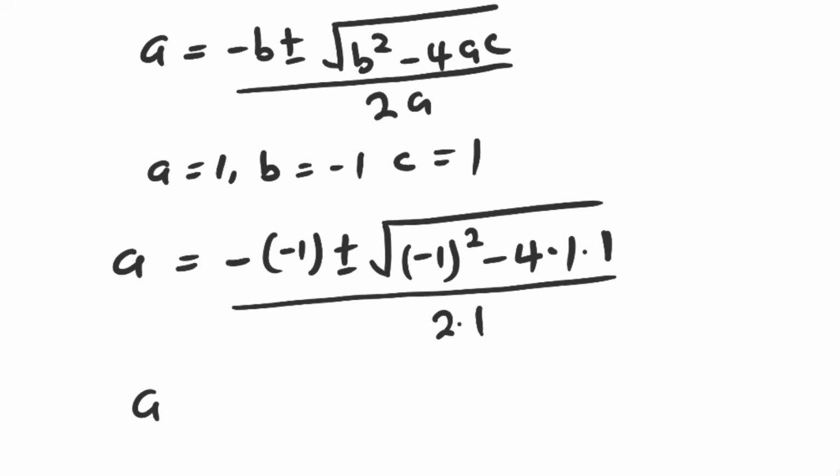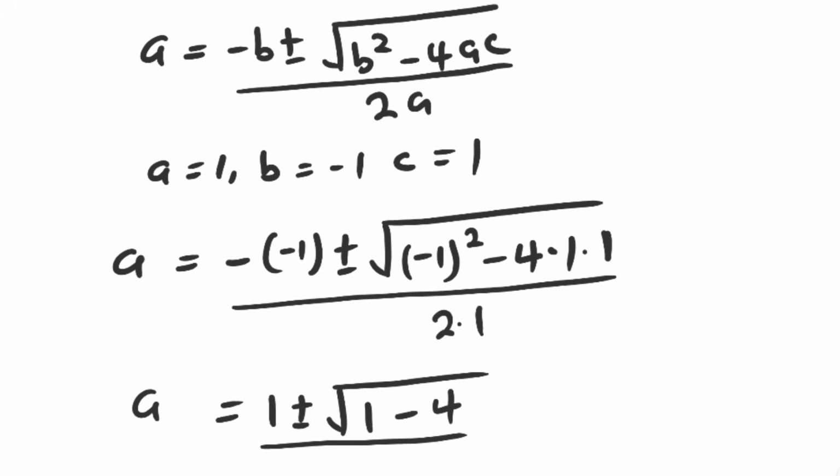Then A is equal to minus times minus 1, this is 1, plus or minus square root of minus 1 square, that is 1, minus 4 multiplied by 1 multiplied by 1, that is minus 4, over 2 multiplied by 1, 2. Then this is the same thing as 1 plus or minus square root of 1 minus 4, that is minus 3, over 2.